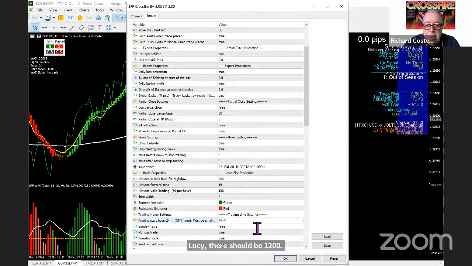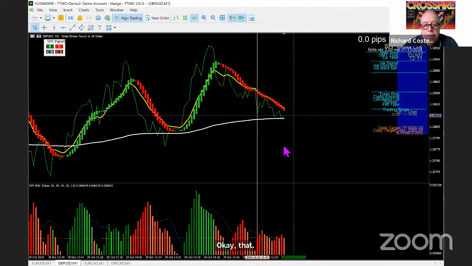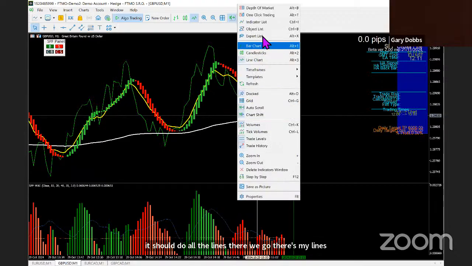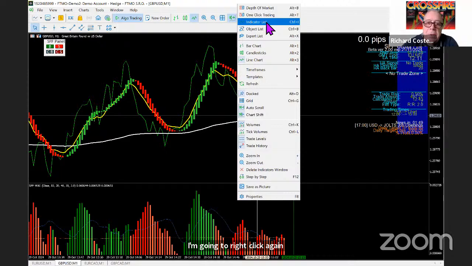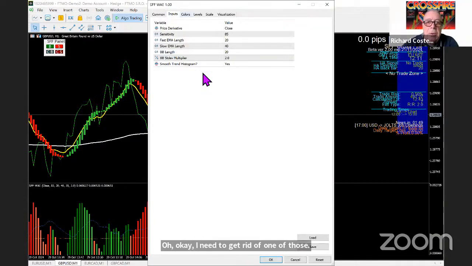So if I just change that to 1200 and okay that, it should draw the lines, there we go, there's my lines. I'm going to right click again, look at my indicator list. They're all okay, I need to get rid of one of those. I need to double click on that and change the colours.